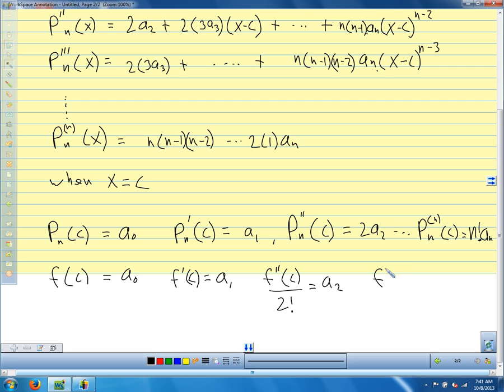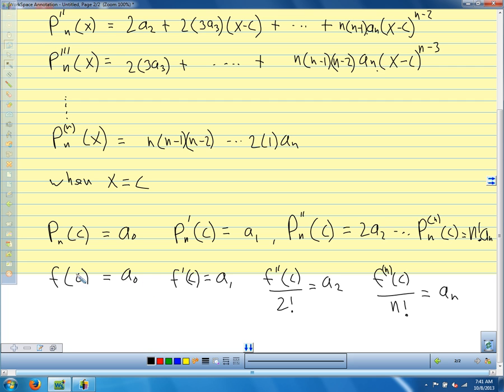And the nth derivative of f at c over n factorial has to equal a sub n. So I get these constants by equating these two expressions and solving for my constant. So this gives me a way to find my constants.